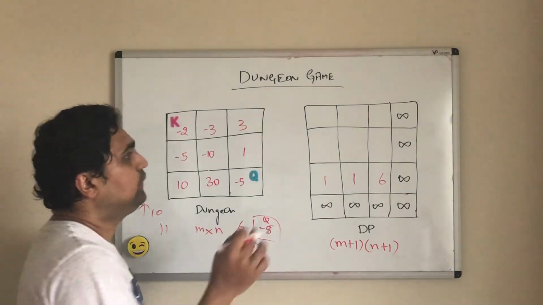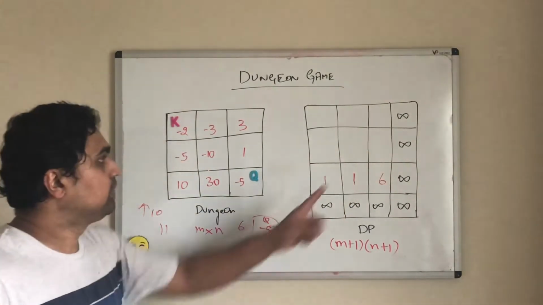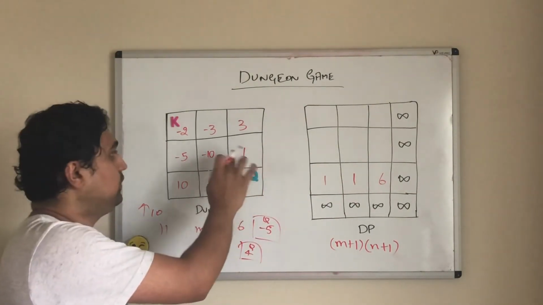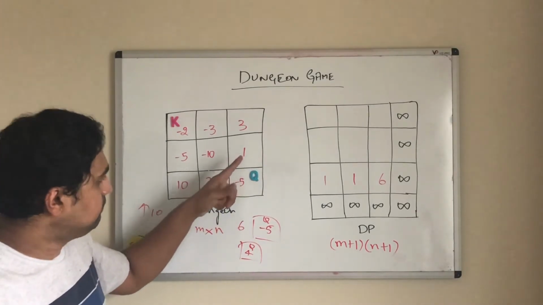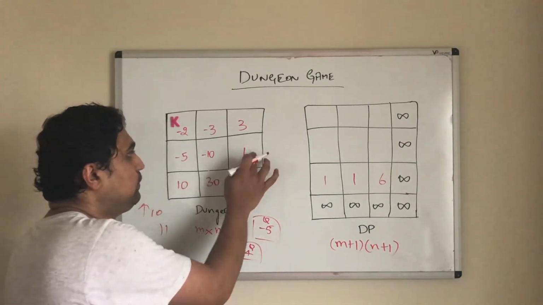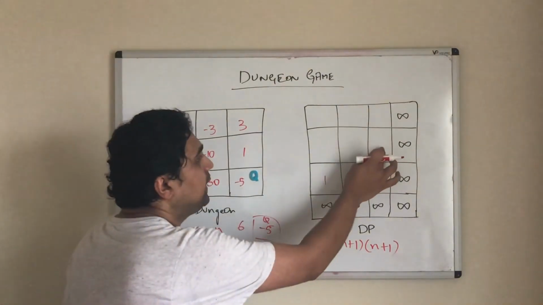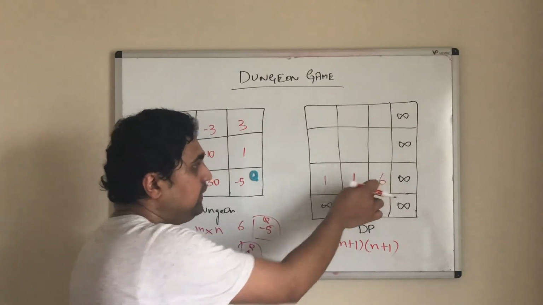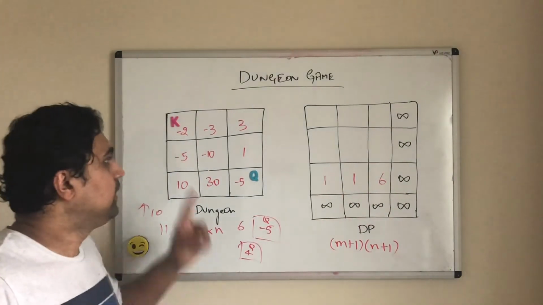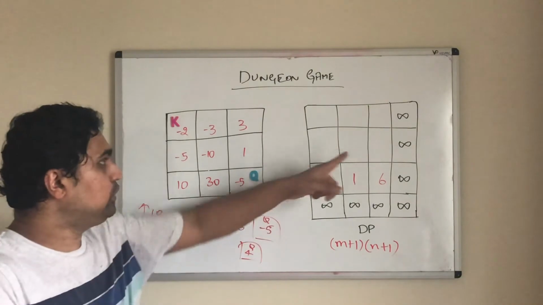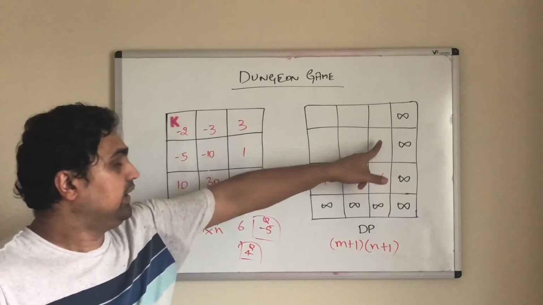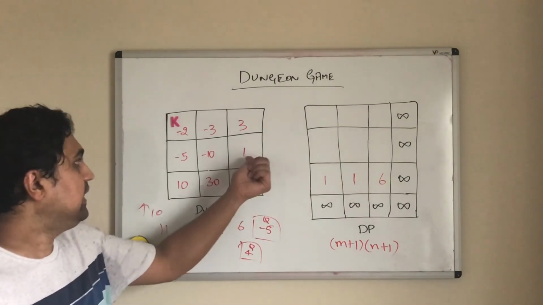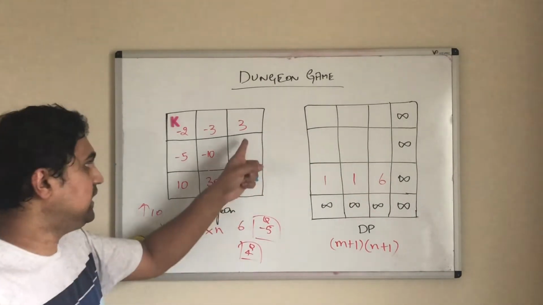Okay, now let's fill the cell value here, the DP table value. The value here is 1, and the minimum health required by the knight to enter the cell at the bottom is 6. Now if the knight is somehow able to enter this cell, he has to go down. The minimum health required to enter that cell is 6, and he has a power up of just 1 in this cell.